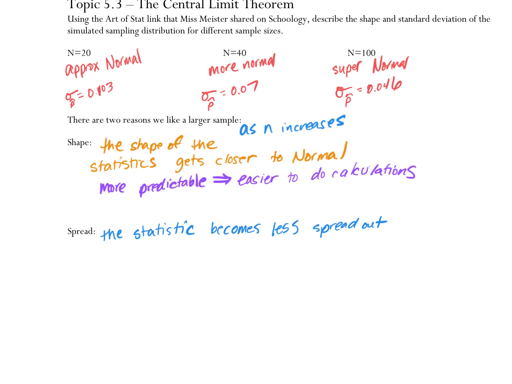Now, why would it be important that our statistic becomes less spread out? More consistency in the statistics. We've got some graphs that we created hanging around the room. Are you guys with me that these were in fact distributions of x bar?